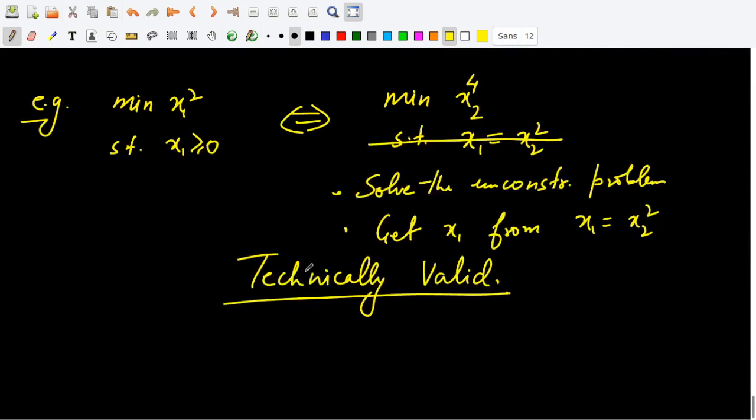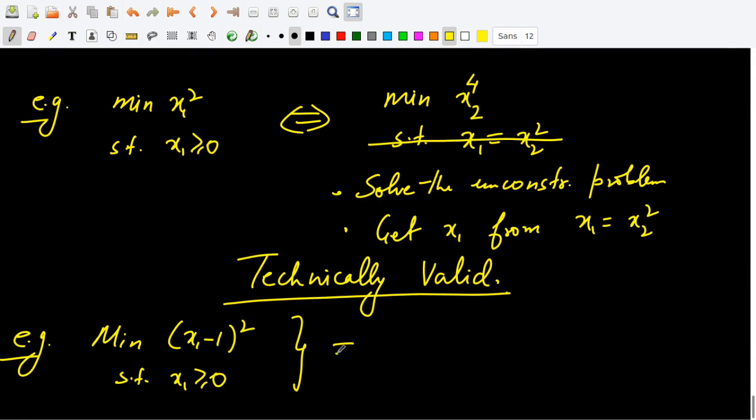Okay. There's another example very nicely given in the book which tries to minimize (x1 minus 1) whole square subject to x1 greater than or equal to 0. One might be tempted to transform this problem into an unconstrained problem by just replacing x1 by x2 square and noting that x2 square is automatically always positive.